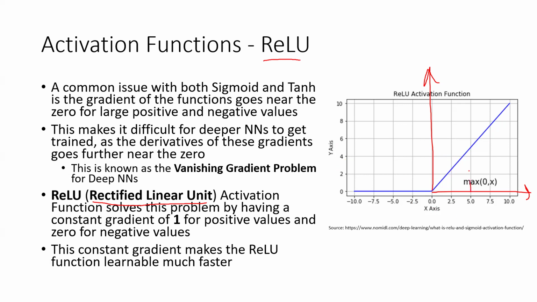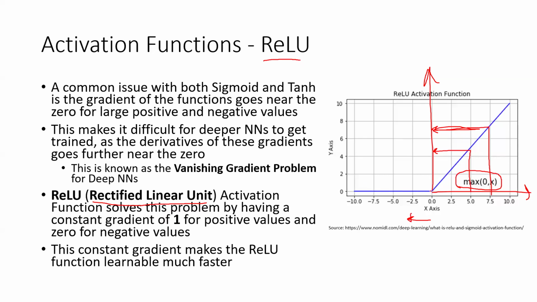To get this value, you get the same value here. So the ReLU function is the max of 0 and x, right? If it is greater than 0, the output would be the same as x. If it is lesser than 0, that means if the x value is negative, the output would be 0.